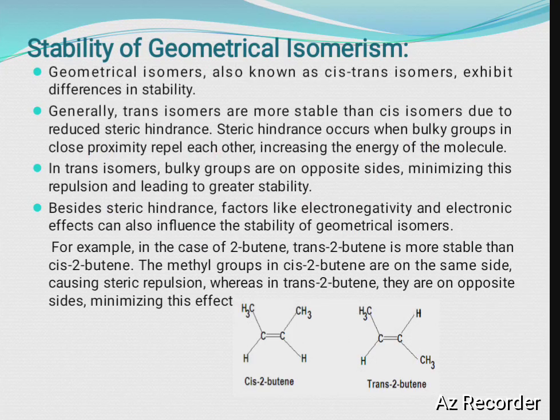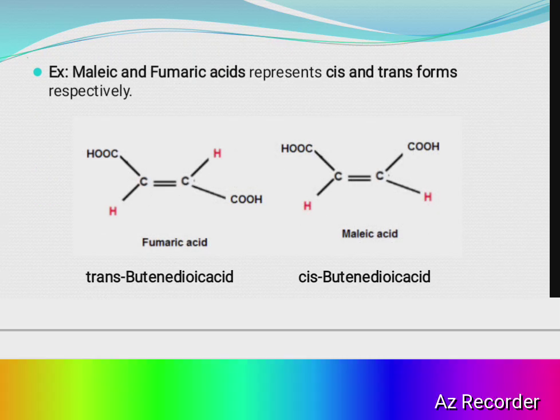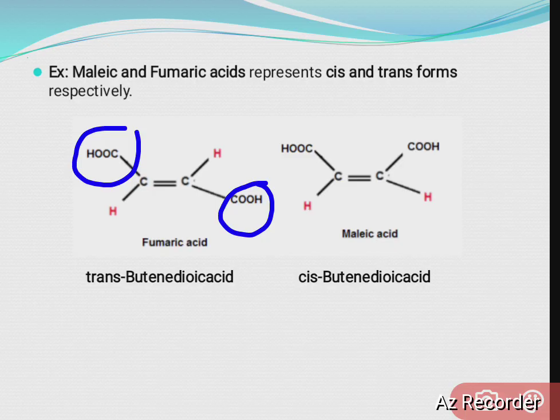But in the case of fumaric acid, one COOH group is present above, and the other COOH group is present below. Means the bulkier groups are on the opposite side.